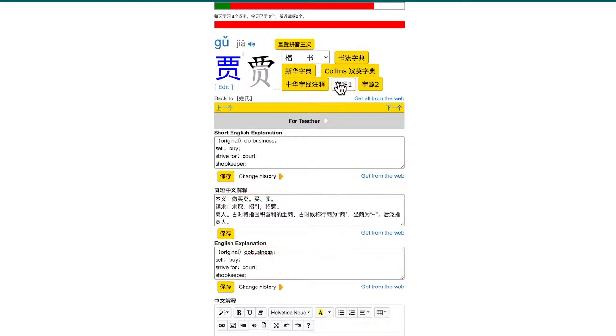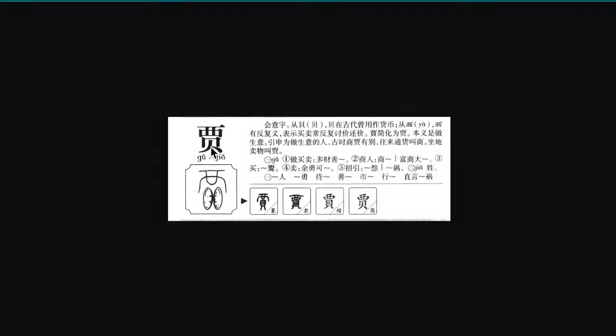Let's take a look at the character itself. It has the bei on the bottom, which indicates property or money. On the top is the character ya, which has the meaning of repetitively.